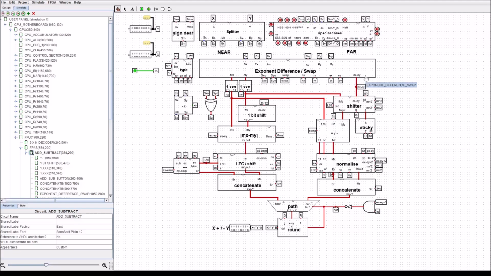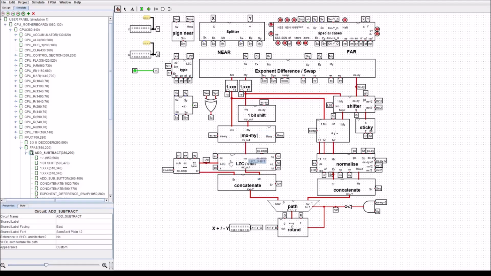Now it's covered pretty much in the description over the first 5 minutes of the video. We've got the exponent difference swap here. We've got our test to find out whether the value for our mantissa is going to be mx is greater or less than my in a potential swap.